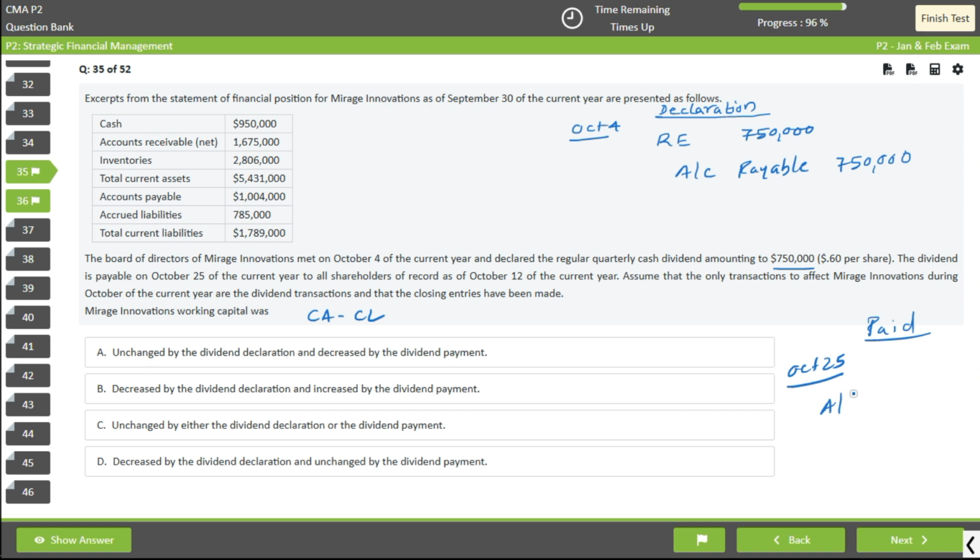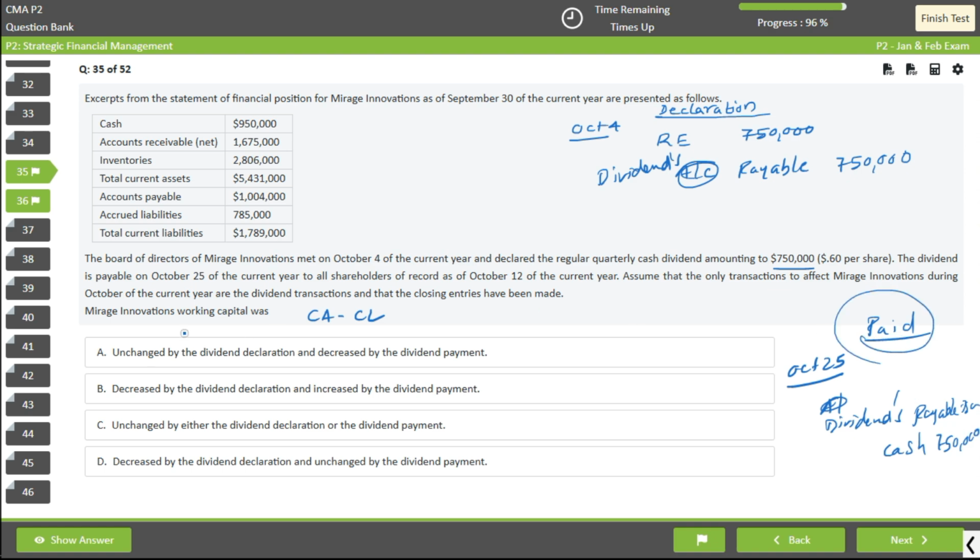When we pay, dividends payable will be debited by 750,000, and cash will be credited by 750,000.